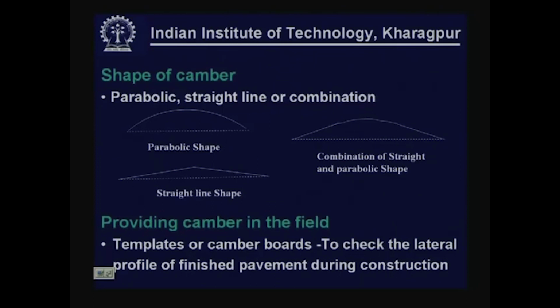Wherever a combination is used, normally in the center portion a parabolic shape is used, which will result in a flat or relatively smooth center portion, and towards the edges straight line cambers are used.